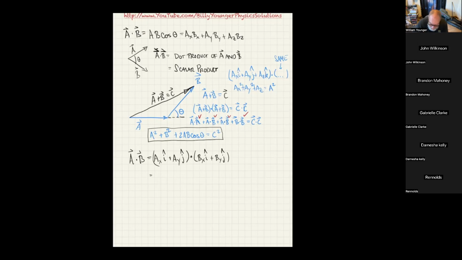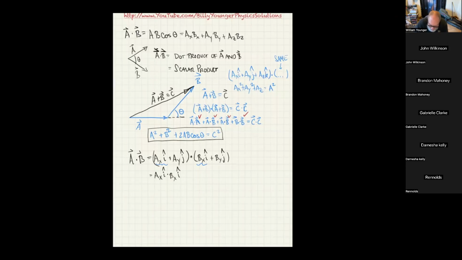So what's going to happen is this first term, the Ax and the Bx term, are going to multiply, and I get Ax i hat dotted with Bx i hat.